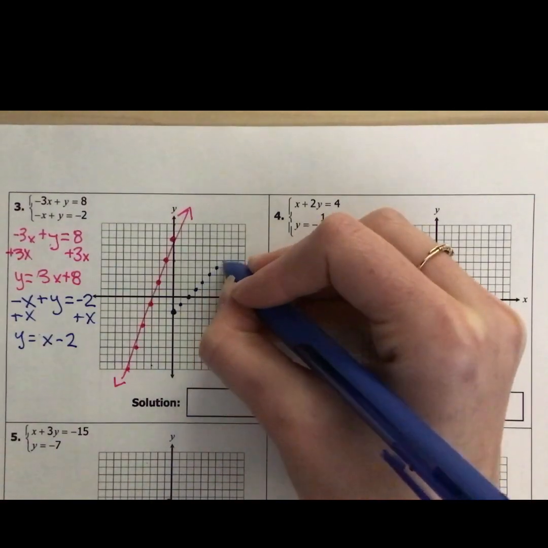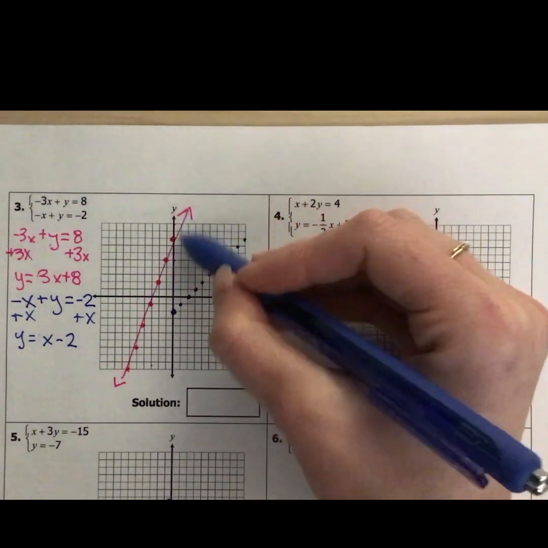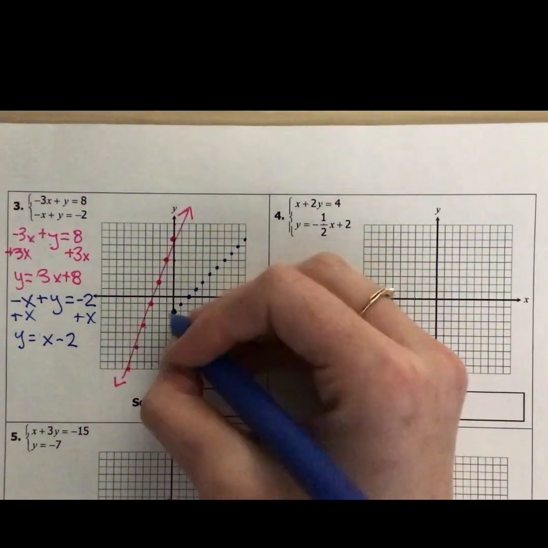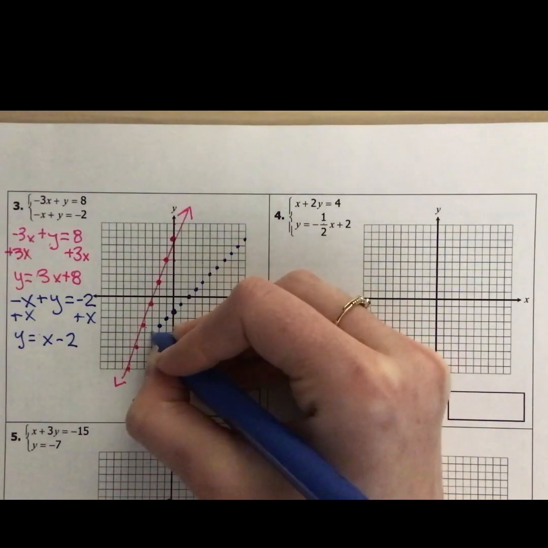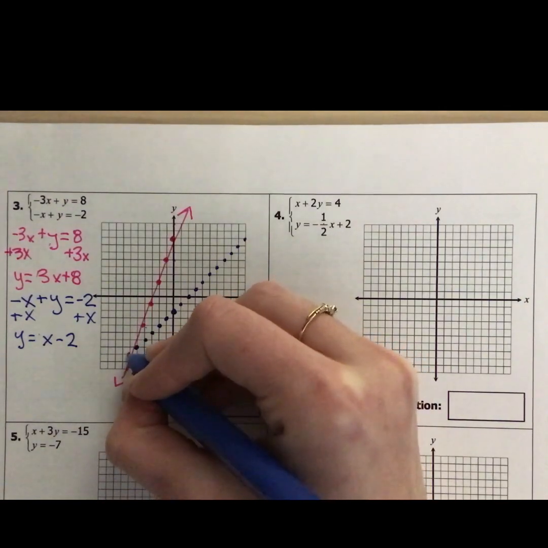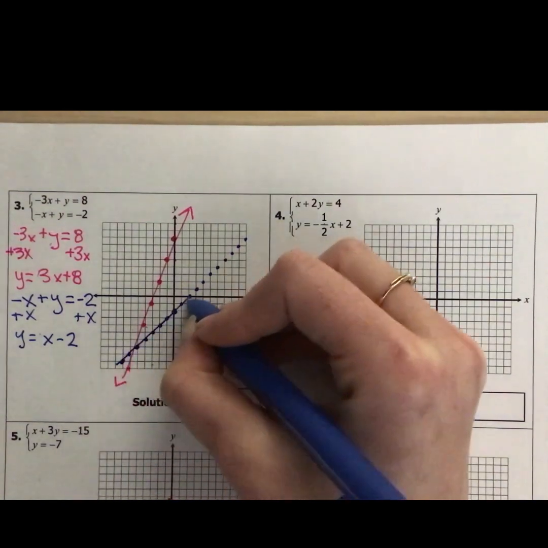However, I'm noticing that the farther up I go on my graph, the farther away I get from my pink line. That tells me that I need to go the opposite direction so I can get closer. So down 1, left 1, until I reach that point where they would intersect. And we can see that they do now.